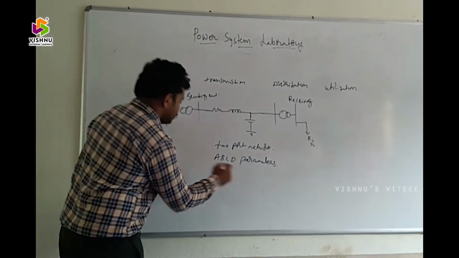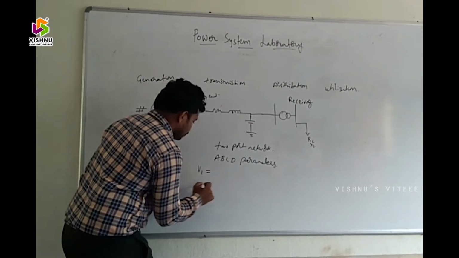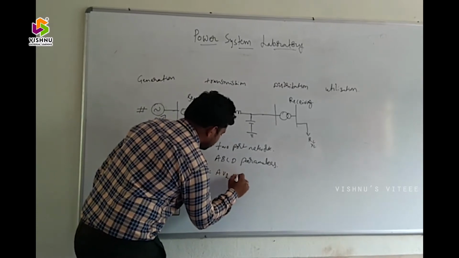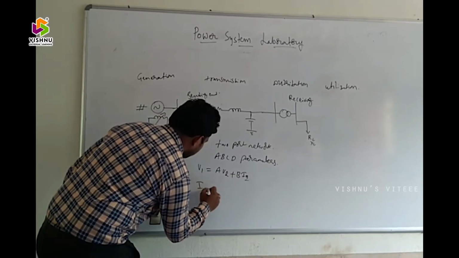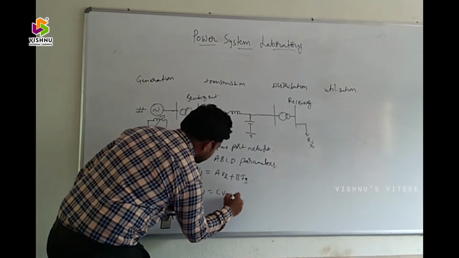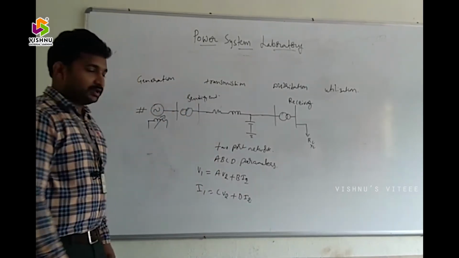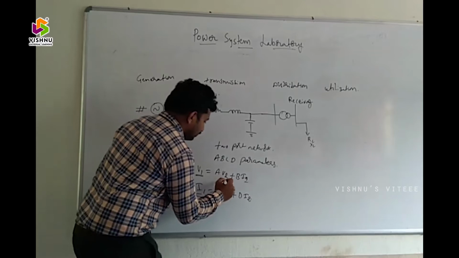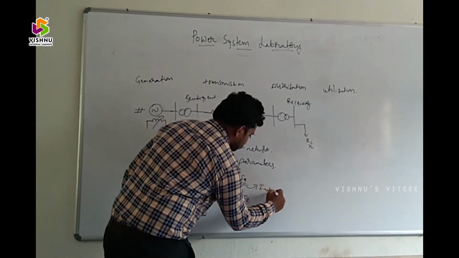Usually, what are ABCD parameters? V1 is equal to A V2 plus B I2. I1 is equal to C V2 plus D I2. These V1 and I1 are the dependent ones, and V2 and I2 are independent.